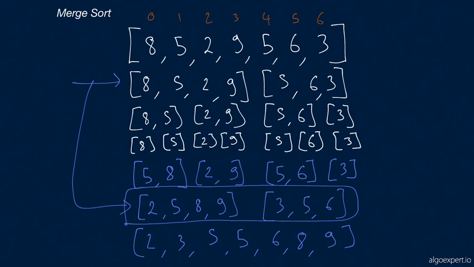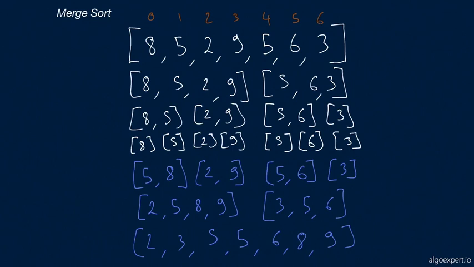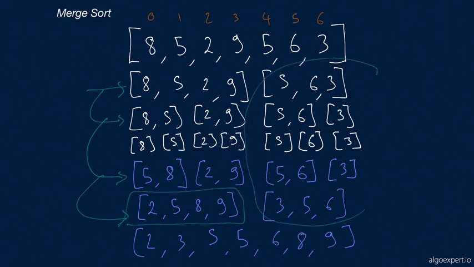How did we accomplish that? Well, we accomplished that by applying the same exact logic to each of the subarrays, right? We divided this subarray into two subarrays, sorted them to get this, and then recombined them to get a sorted subarray of length 4, and did the exact same thing here on the right side.